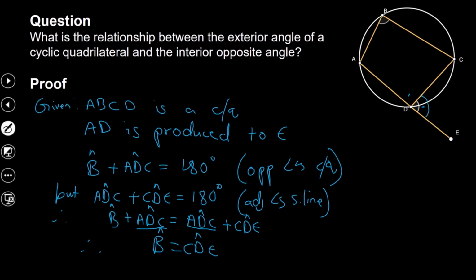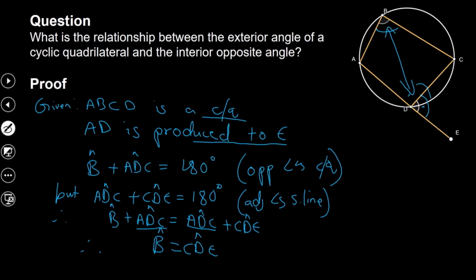So what am I trying to say? This angle here and that angle there are going to be equal to each other, because of the proof I've shown you. I know that this is a cyclic quad and the line is produced. Because it's a cyclic quad, these two angles are supplementary to each other.